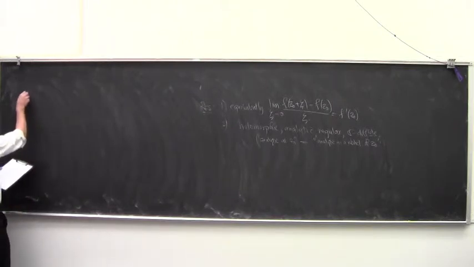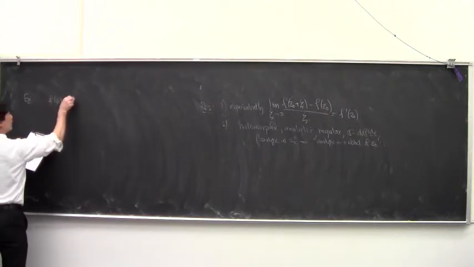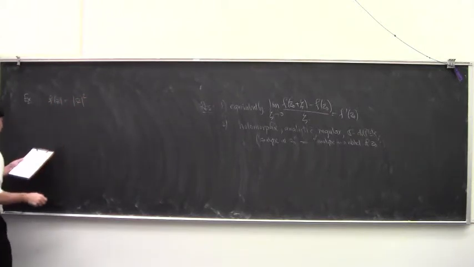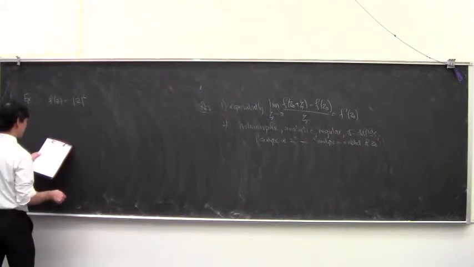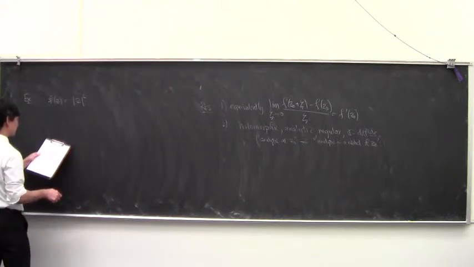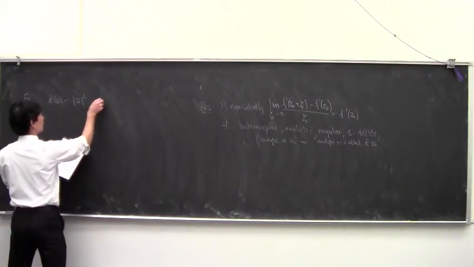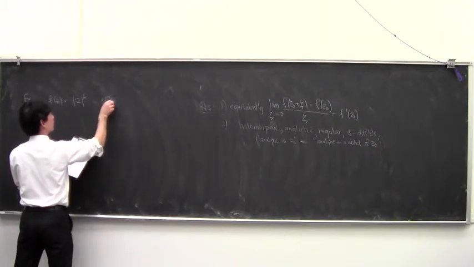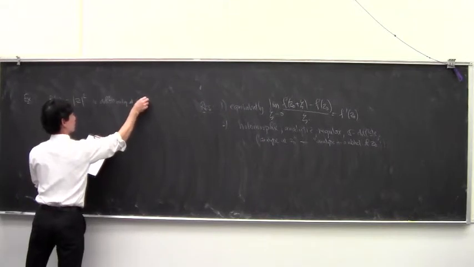So, for example, if we look at f of z equals modulus of z squared, it turns out that this is differentiable only at z equals 0.